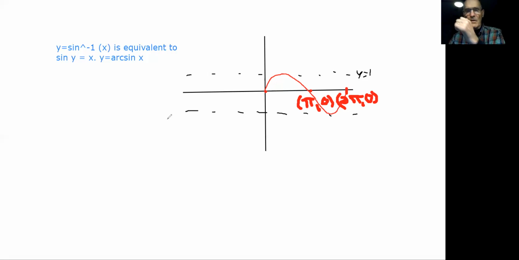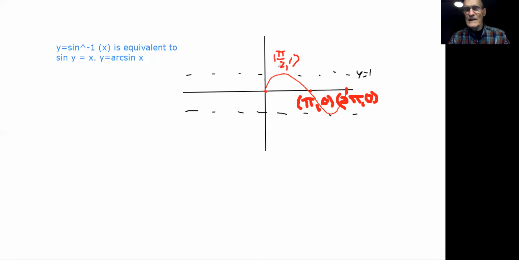Now, remember what happens with inverses: you switch the order of the coordinates. So this point right here is pi over 2 and 1.